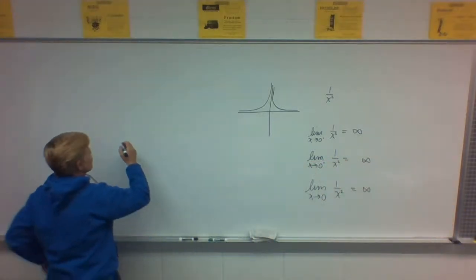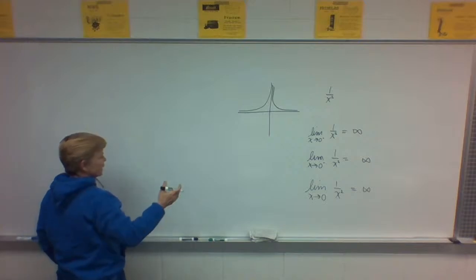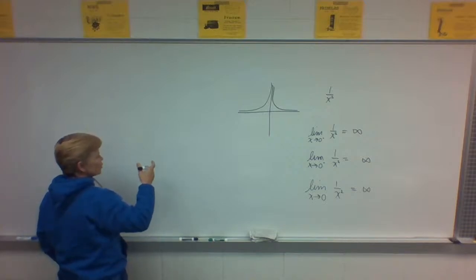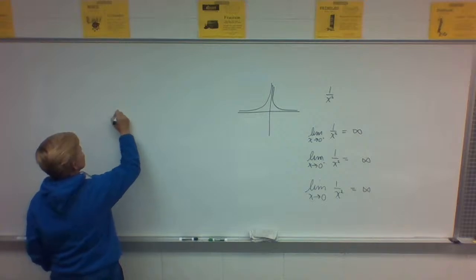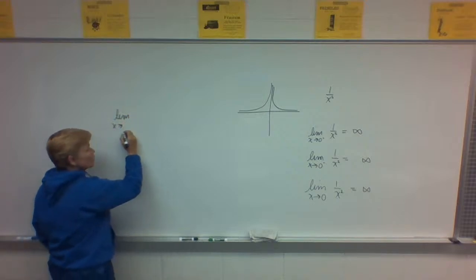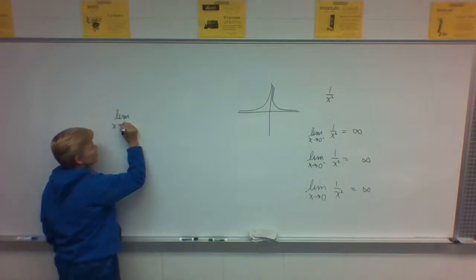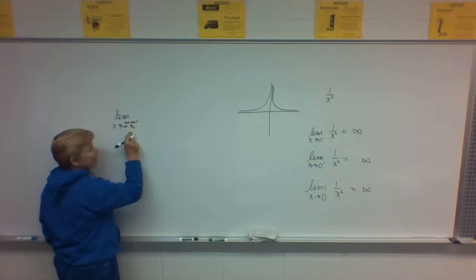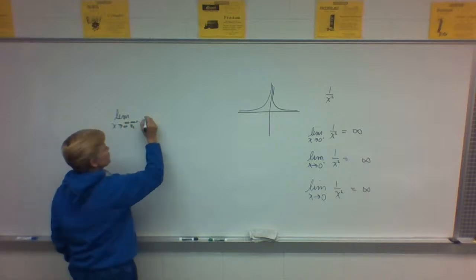I'm not going to draw it up here. But we know that at odd multiples of pi halves, every time you run into an x value that is one of those, you get an asymptote. So what I'm asking is, what is the limit as x approaches one of those odd multiples of pi halves, our a, of tangent x?